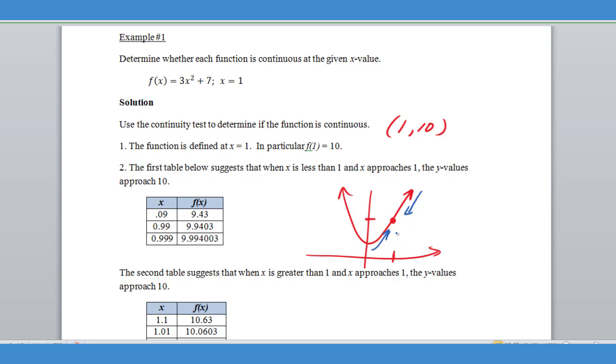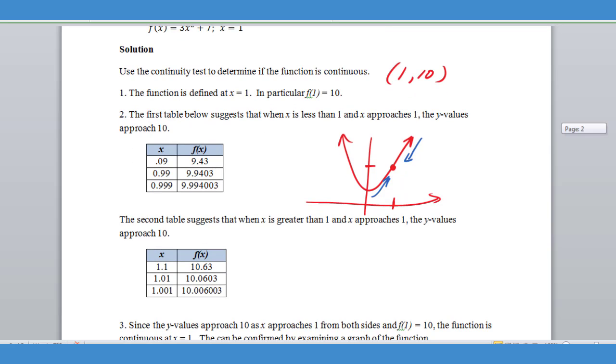What we're looking to do is see how close we can get to a number without actually hitting that number. So we are going to use some t-charts, or tables, and instead of using 1 exactly, we're going to use x values of some decimals that get really close to 1 but are not actually 1. If you look very closely, both tables seem to get really close to 10, and closer to 10 the further our decimal goes out. That gives us a confirmation on our second test of continuity.